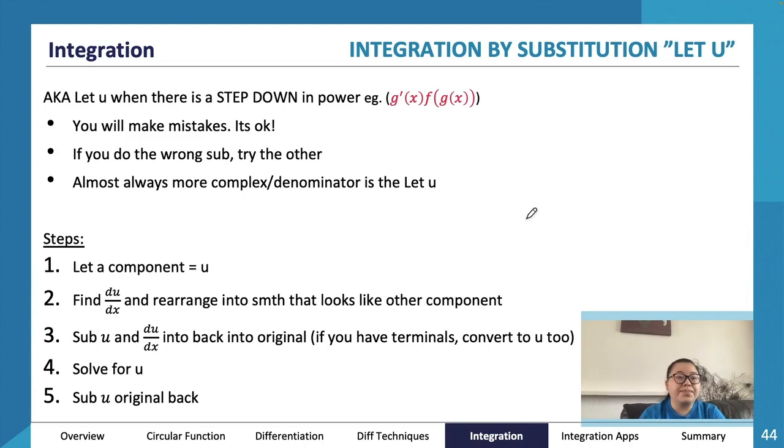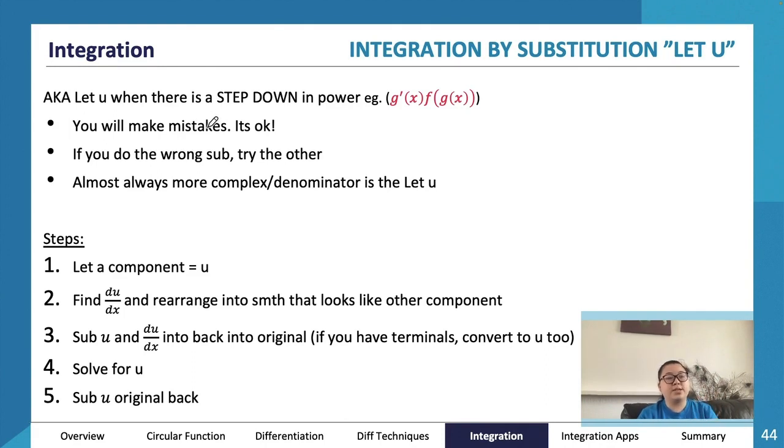Cool. All right. So let u is often very helpful in terms of looking at polynomials. What we want to do is step down in power, okay? So the u will always be the one which is bigger, and the du dx will always be the one which is smaller. And it's okay if you miss which one's which.